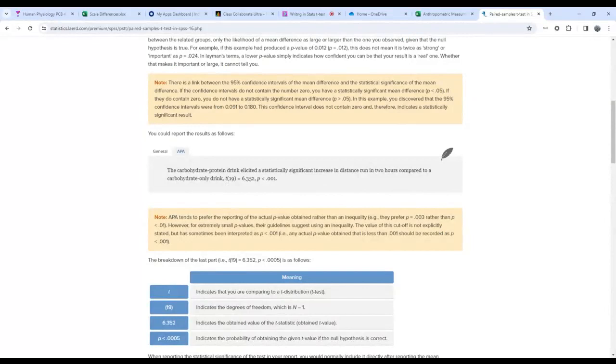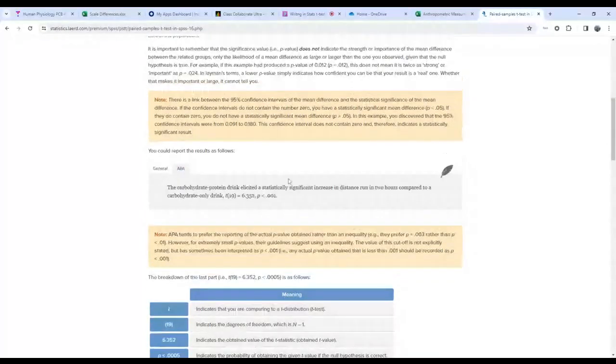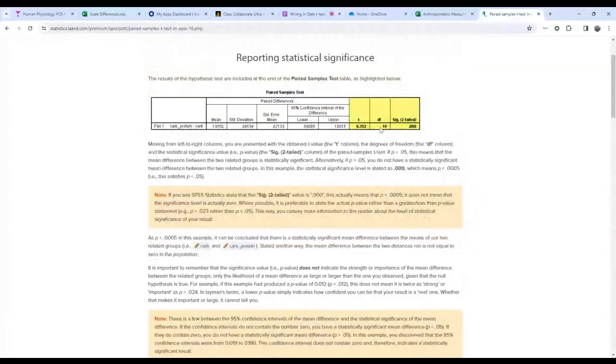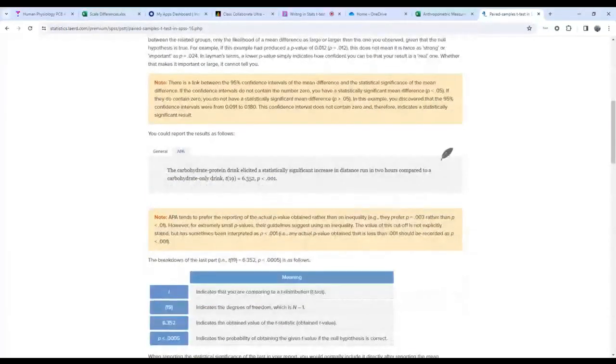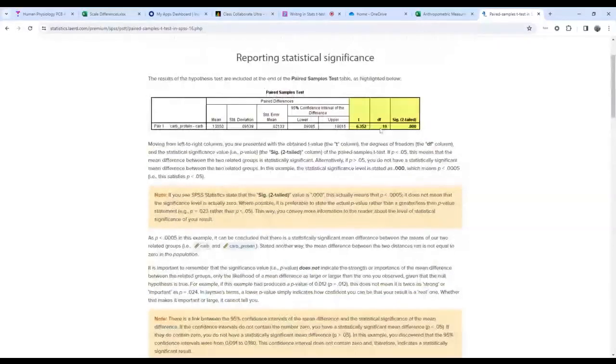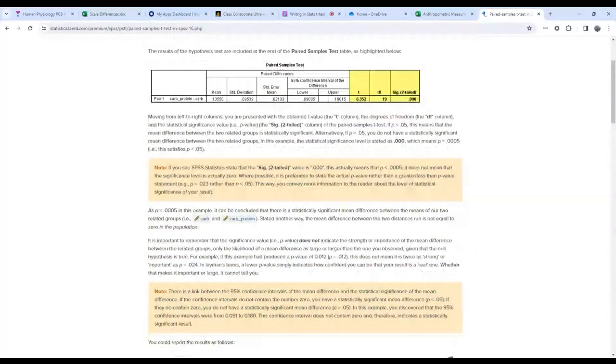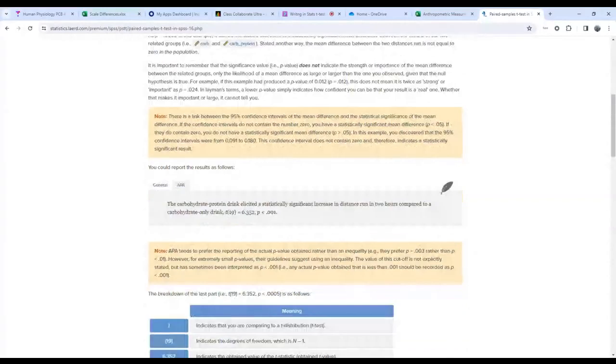So our T, this is degrees of freedom, 19. So if you go back up here, there's our degrees of freedom. So it's T brackets 19 equals our T score, which is this 6.352, and comma, then P less than 0.001.